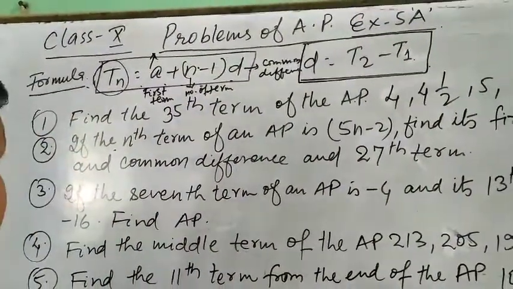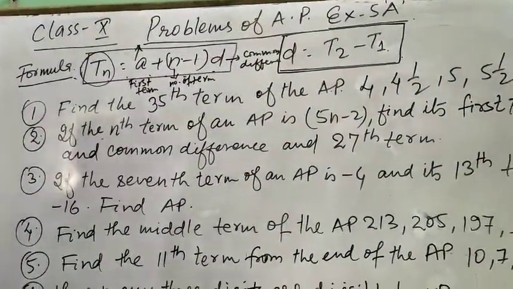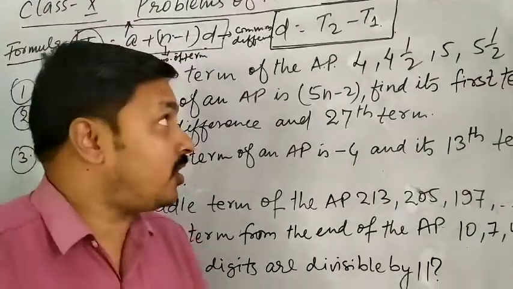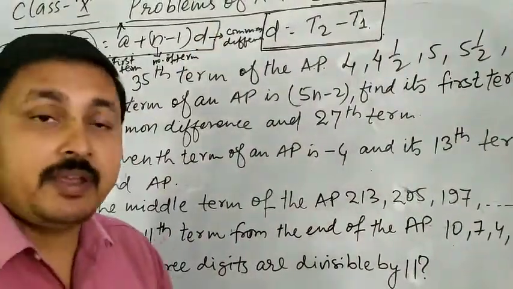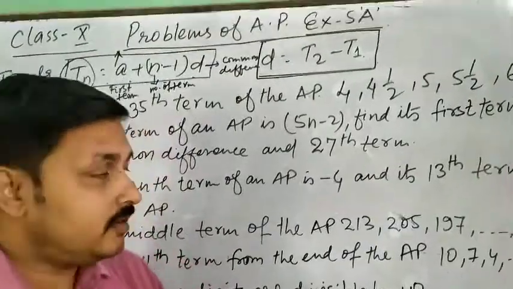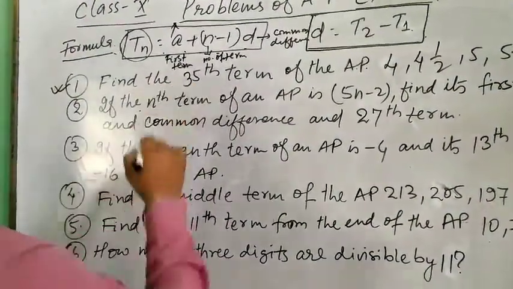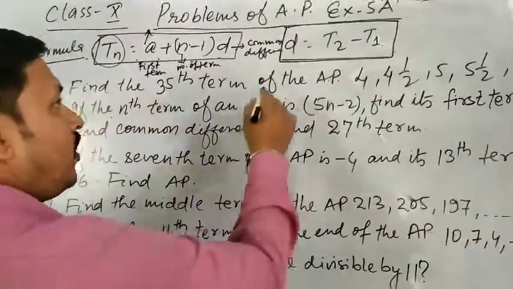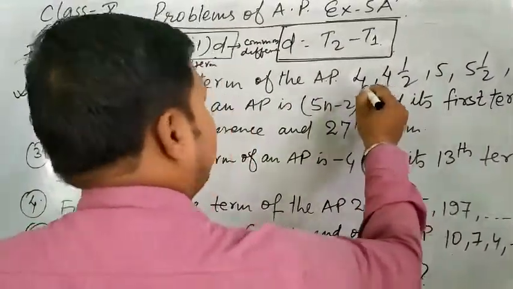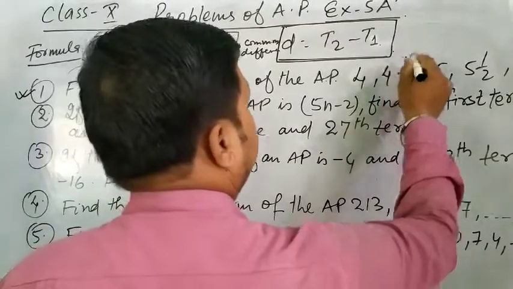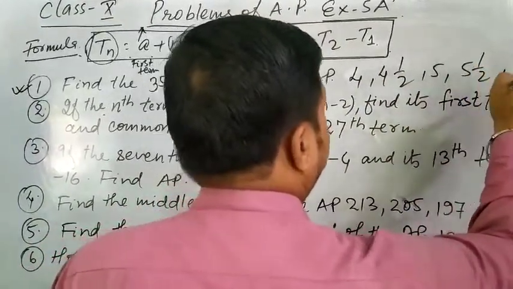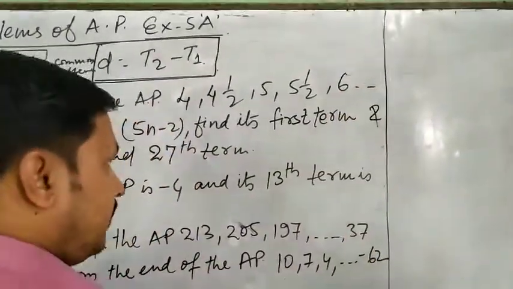So we have some problems. Today I am explaining some problems on the basis of AP exercise 5A. Your first problem is: find the 35th term of the AP 4, 4 and a half, 5, 5 and a half, 6 and so on.